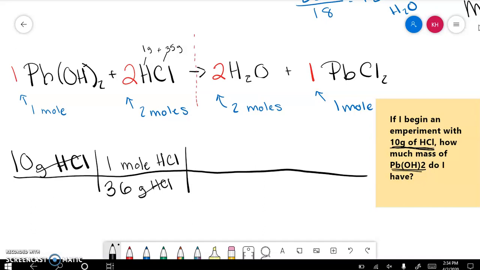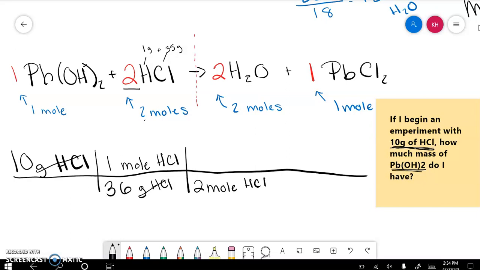Now we can use these mole ratios that we've been finding to go from HCl to PbOH2. And so now that we're in moles, we just have to look at our problem we started and say, okay, when we balanced it, how many moles of HCl did I have? And we know that it's 2 because our coefficient was 2.